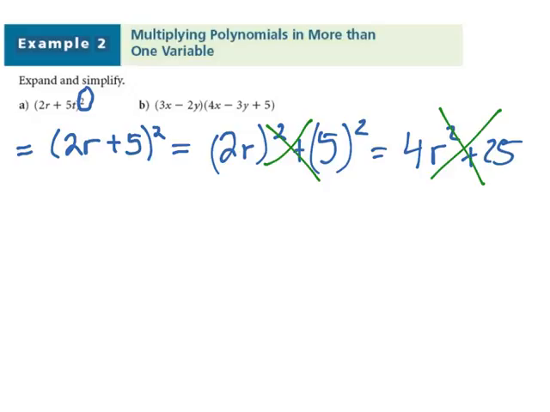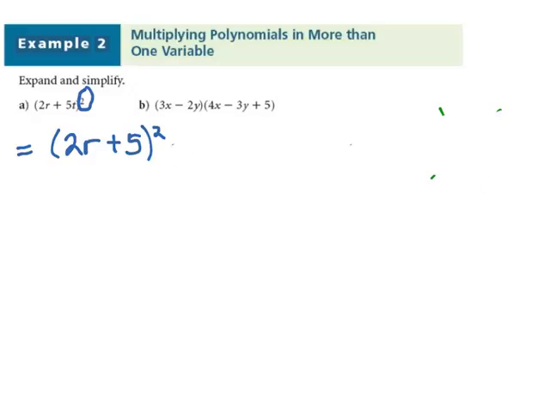So I'm going to show you how to do this question correctly. What this square means is that there are actually two polynomials multiplying each other. However, these polynomials are exactly the same.